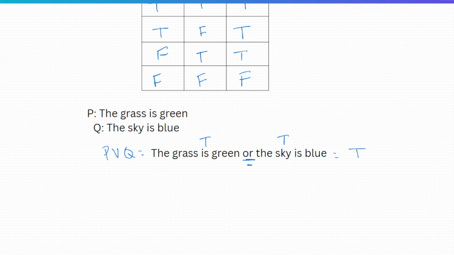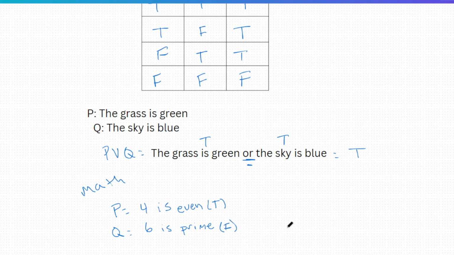Mathematically speaking, you'd probably see something like P would be 4 is even, and our Q proposition is 6 is prime. 4 is an even number, so that would be true. 6 is not a prime number, so that would be false.